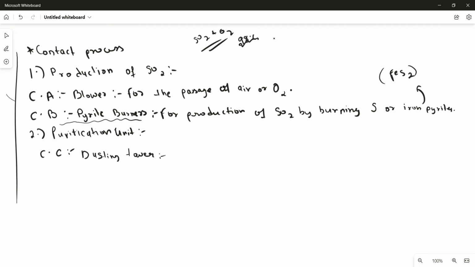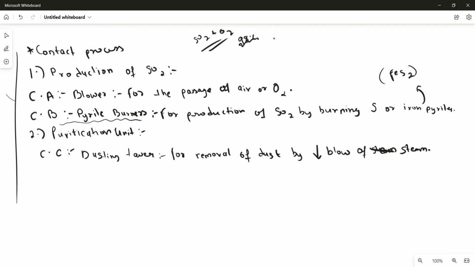Anyway, then we have the dusting tower in chamber C. The dusting tower is for removal of dust by downward blow of steam.